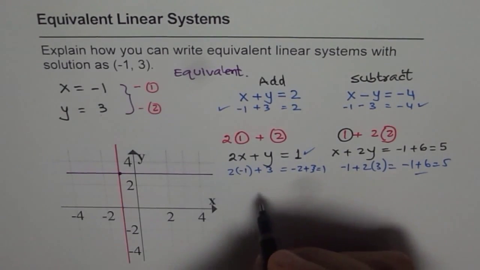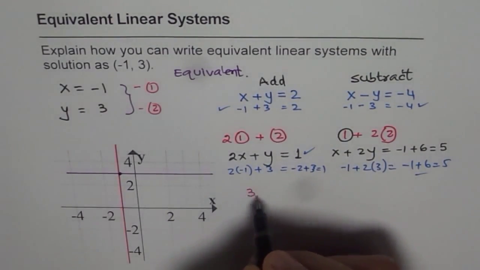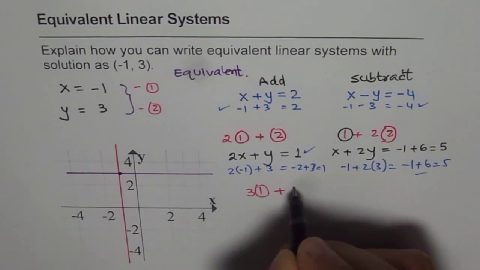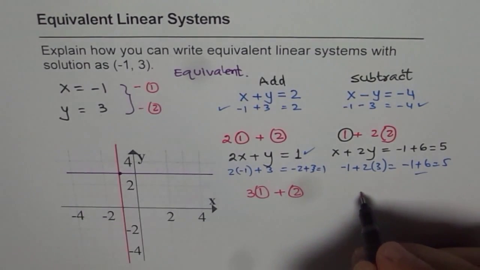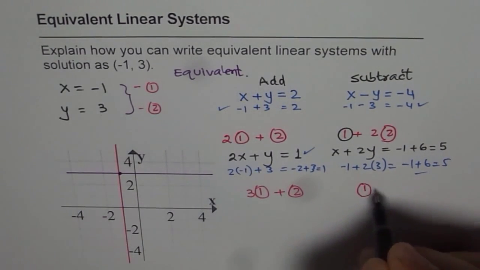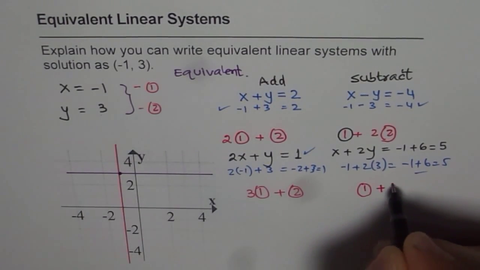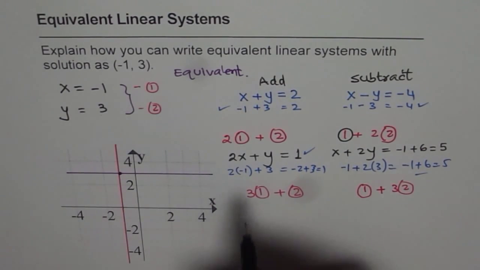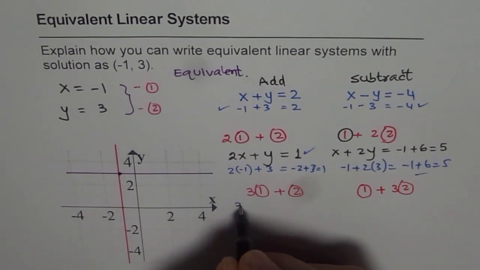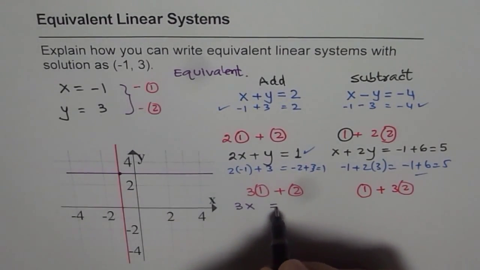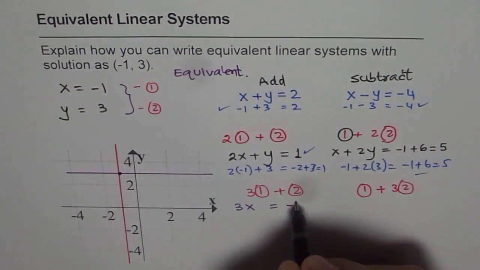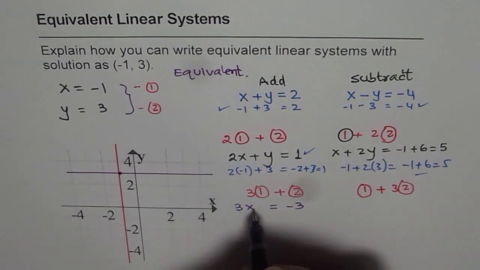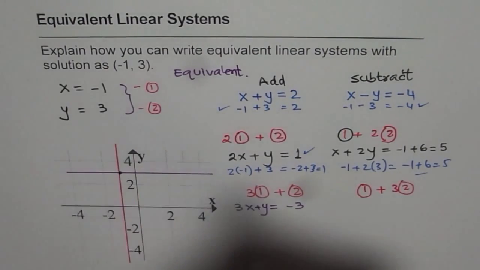This time we'll multiply the first equation by 3 and add equation 2, so we have equation 1 and add 3 times equation 2. Now 3 times equation 1 means 3x equals -3, and equation 2 added to this gives plus y here and plus 3 there.